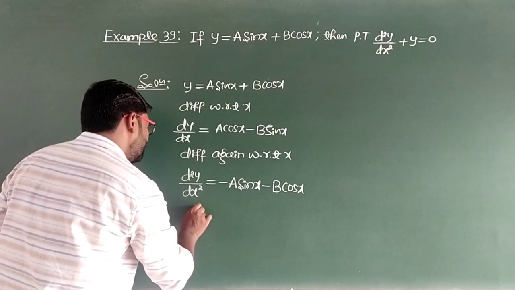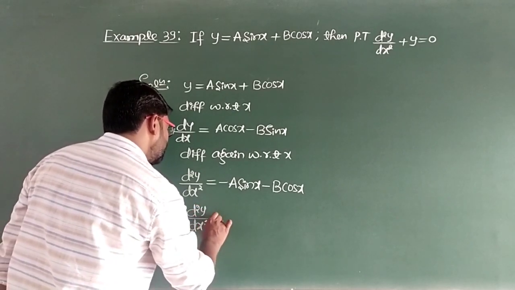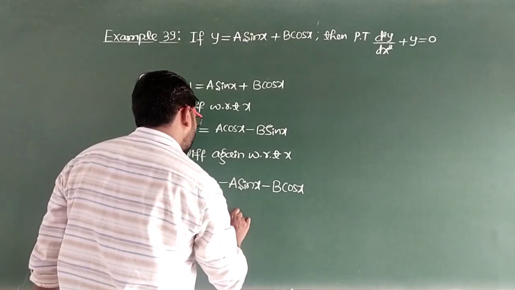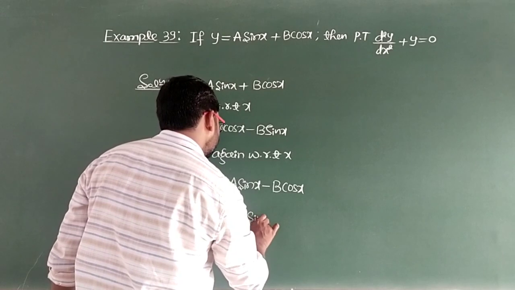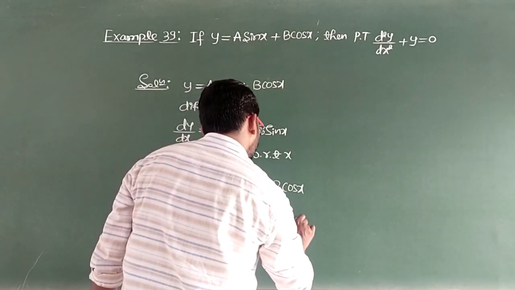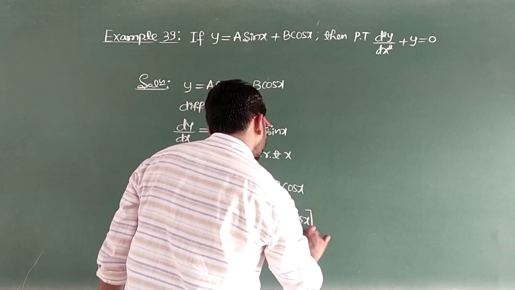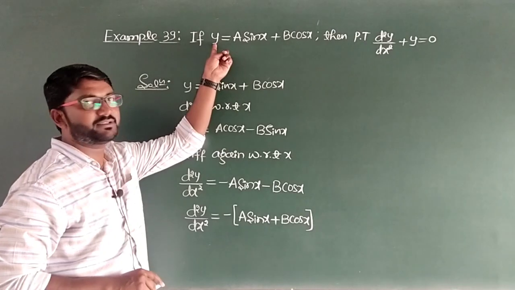Now d square y by dx square, which is equals to, I can take minus common here, inside the bracket we are left out with a sin x plus b cos x. A sin x plus b cos x is nothing but y.